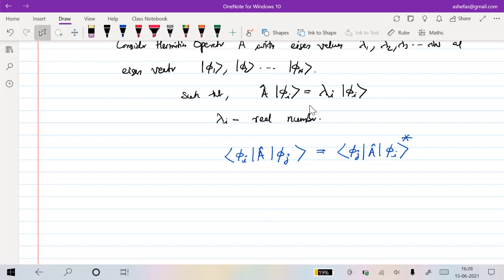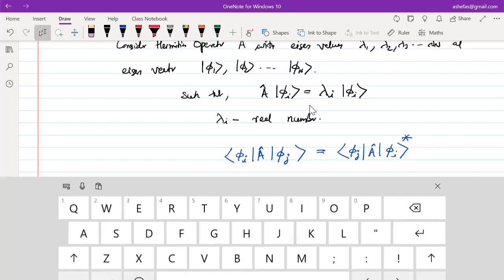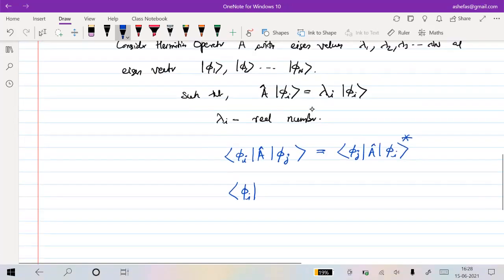Now, what is A acting on phi j? The A acting on phi j would give lambda j times phi j according to this equation.